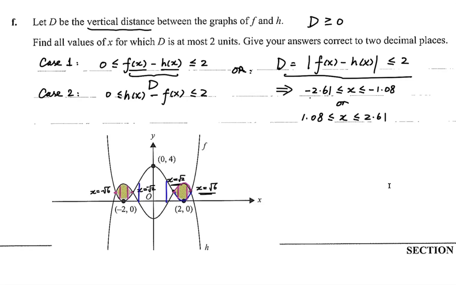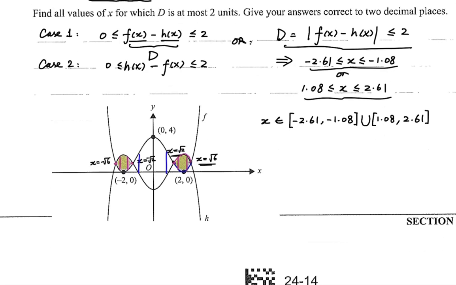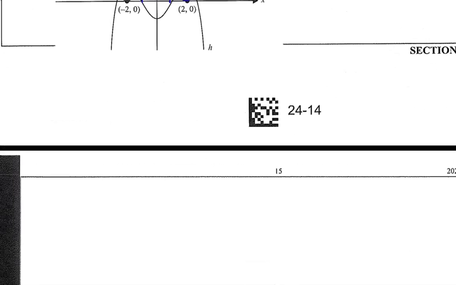Alternatively, you can express these 2 sets of x values as x is an element of minus 2.61 comma minus 1.08 close bracket union 1.08 comma 2.61 close bracket. Pretty easy. Let's move on to the second question.